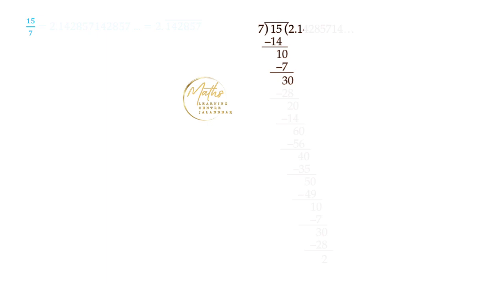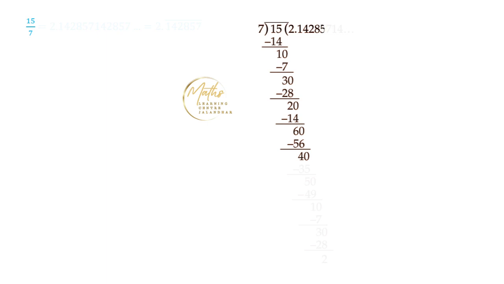Next is 7 4s are 28. When we subtract this value, the remainder we are left with is 2. We are adding 0 over here. Then 7 2s are 14, we will have the remainder 6, so the value we obtain is 60 over here. Decimal is already there. So 7 8s are 56, the remainder is 4, we will get 40.